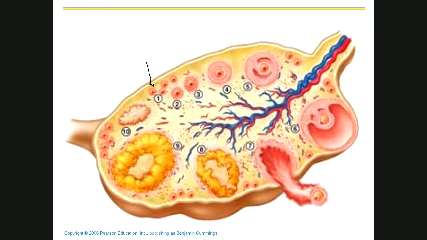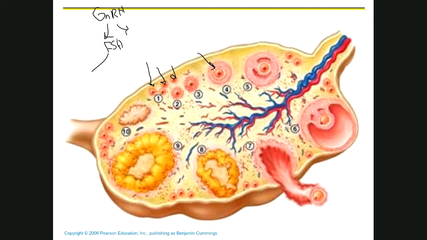And what's going to happen is the hypothalamus is going to release GnRH. GnRH is going to go to the pituitary, and we're going to get the release of FSH and LH. FSH stands for follicle stimulating hormone, and that's what it's going to do, stimulate these follicles and make them grow.